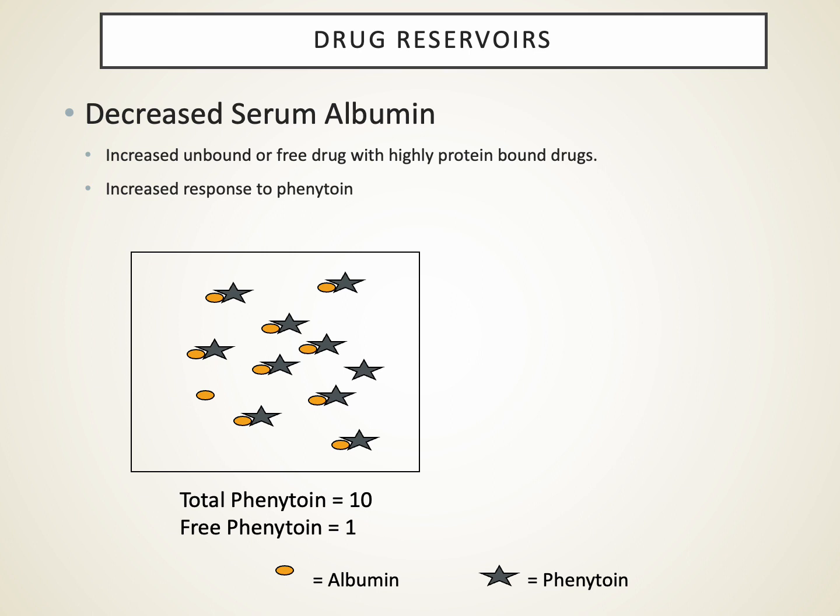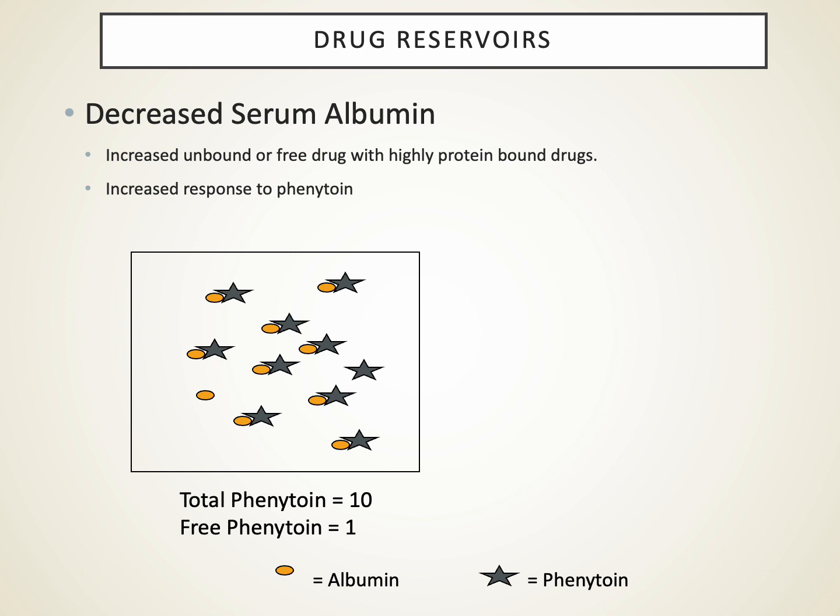That's true when there's a lot of albumin around. So in this graphic, you'll see that while the total amount of phenytoin in this blood sample might be considered 10, maybe 10 milligrams per liter, the only amount of drug that is not bound to albumin is one of those 10, or 1 milligram per liter.